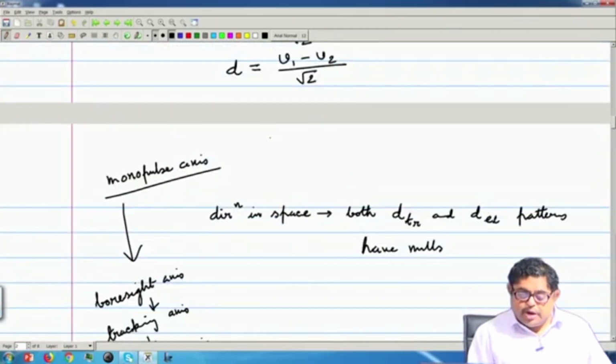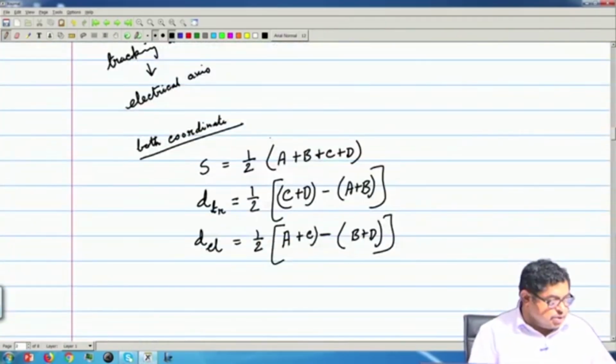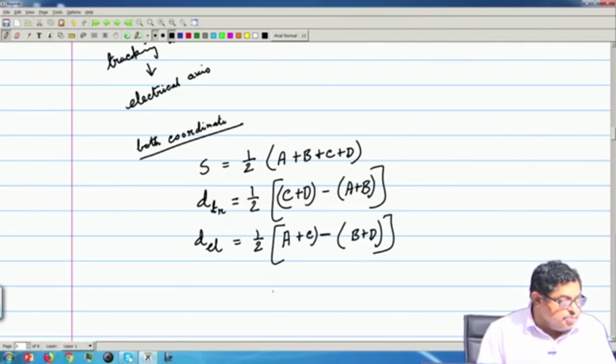So, we will work with this definition and with respect to that arrangement, and then further we will see what is our V1, V2 voltage patterns of squinted beams.